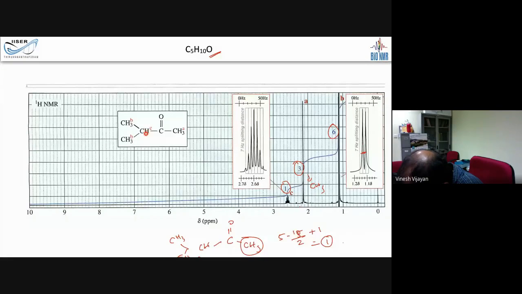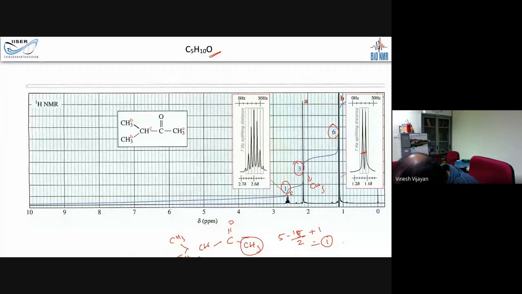This CH is coupled to 6 hydrogens, CH3 and CH3. These two CH3s have the same chemical shift because they are symmetric and both attached to the CH. So these 6 hydrogens are coupled to this hydrogen, so this H is going to be split into a heptet, 7 peaks. Can you see that?